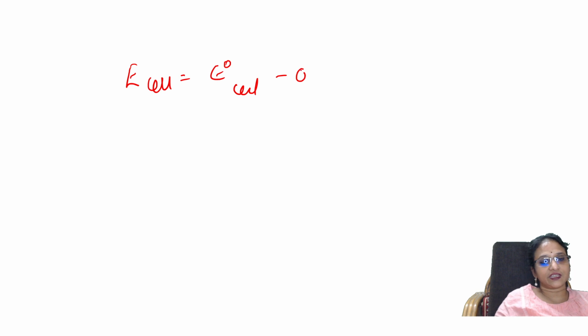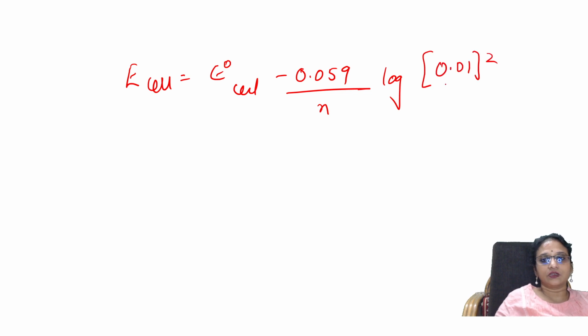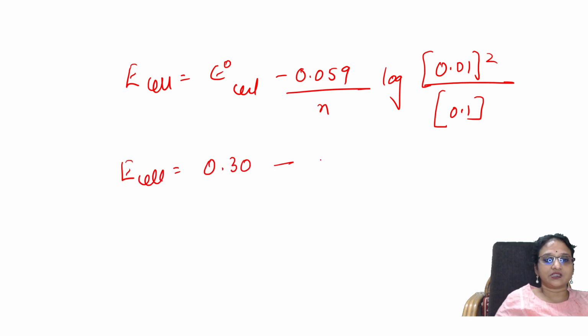Now substitute in the Nernst equation. E cell is equal to E naught cell. I got 0.30. Let me write the formula first. Now let us substitute. E cell is equal to 0.30 minus 0.059 by electrons transferred, which is 6.